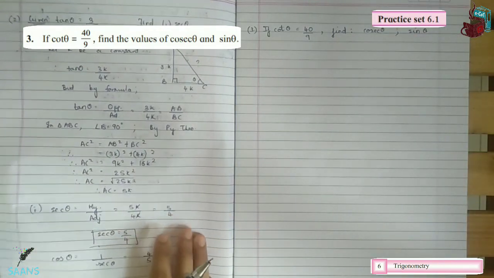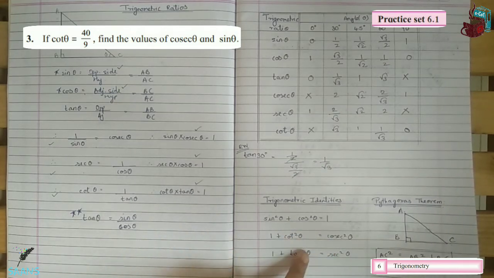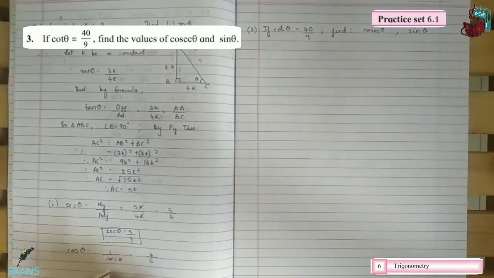So by identities we know 1 plus cot square theta is equal to cosec square theta. This is method 1.